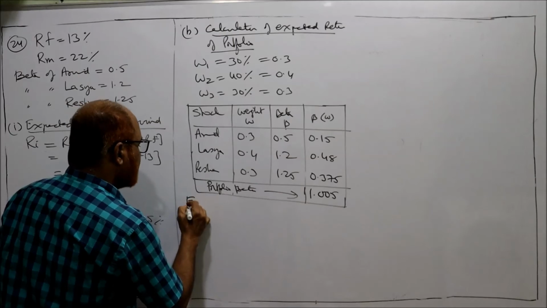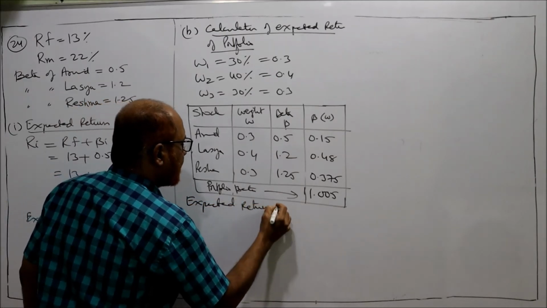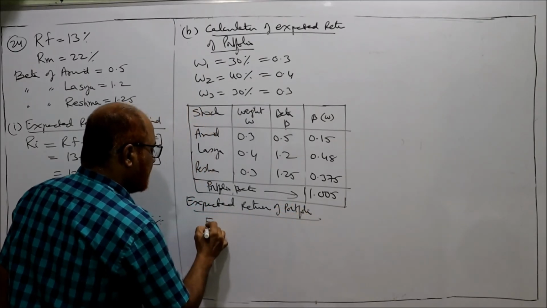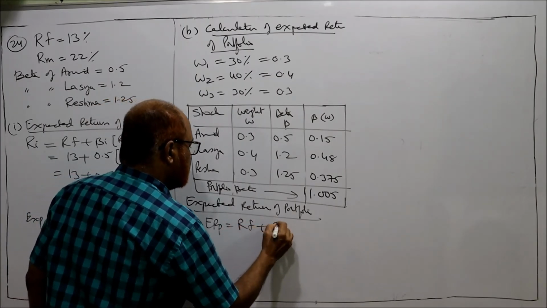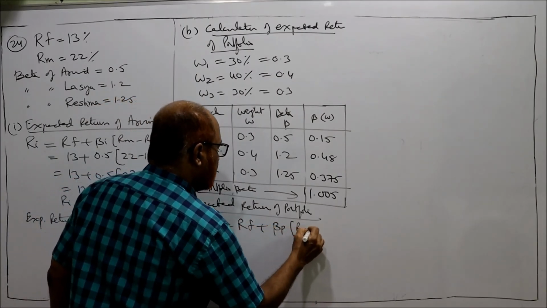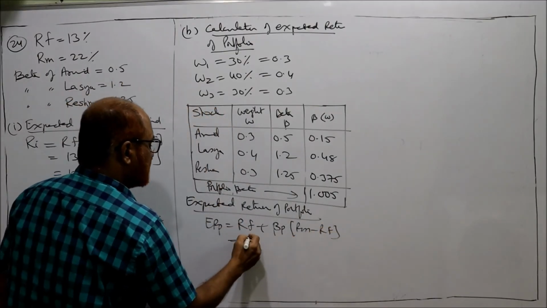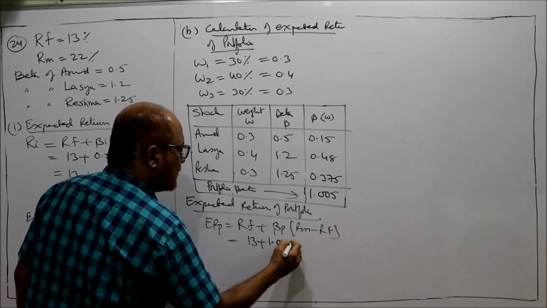Now expected return of the portfolio. ERP is equal to RF plus beta P into RM minus RF. Risk-free rate 13% and portfolio beta 1.005.